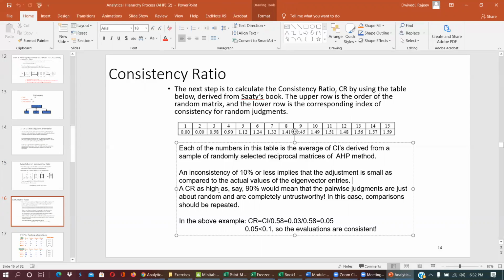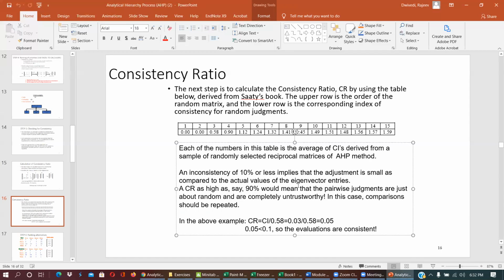An inconsistency of 10% or less implies the judgment error is small compared to the actual values of the eigenvector entries. A consistency ratio as high as, say, 90% would mean that the pairwise judgments are just about random, and in this case the comparison should be repeated.